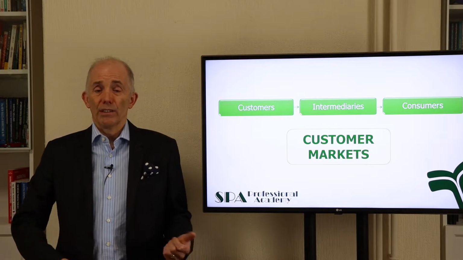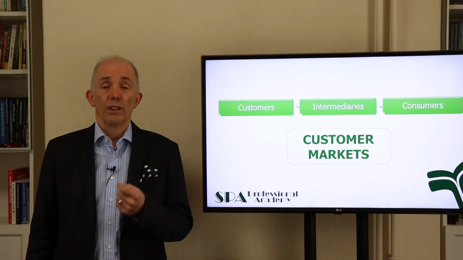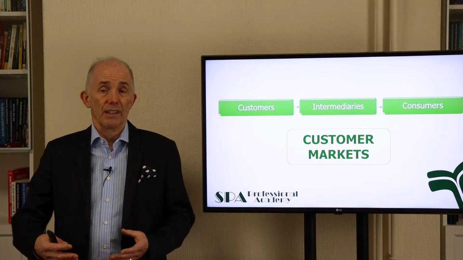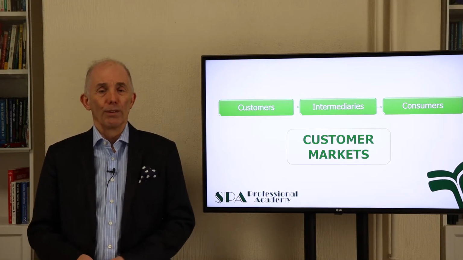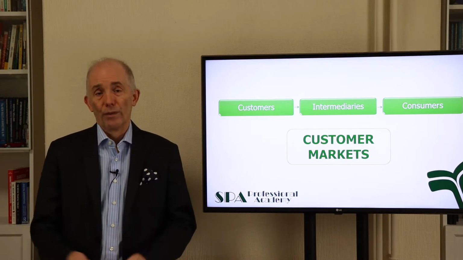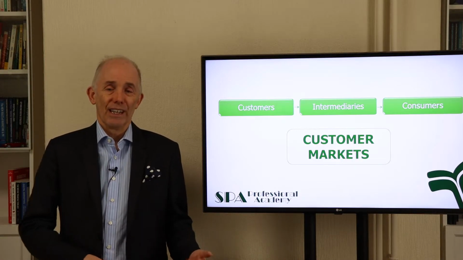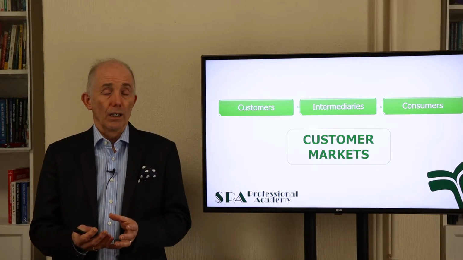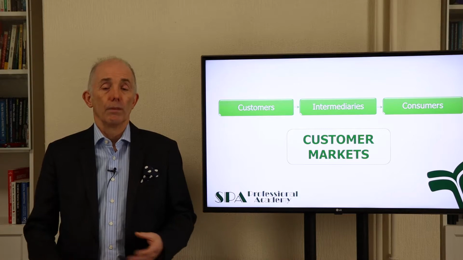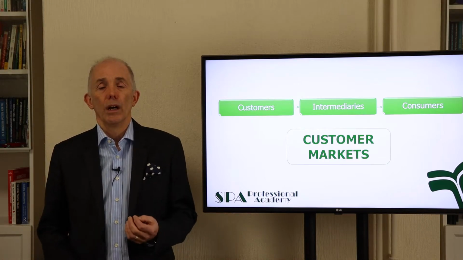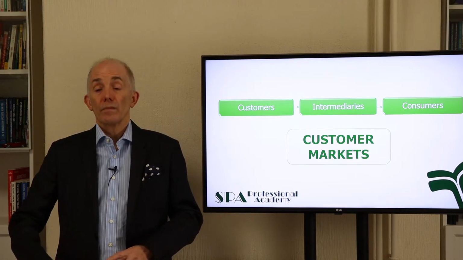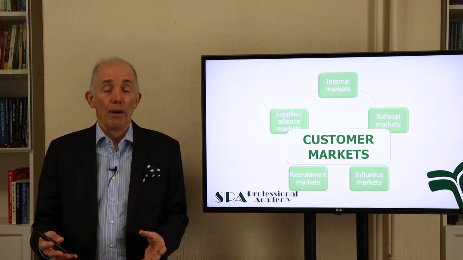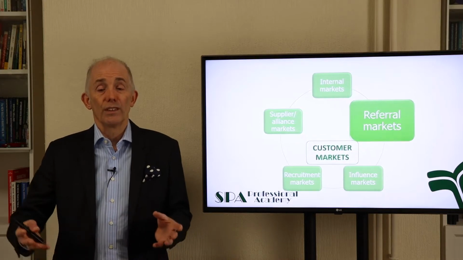But these three areas within the customer markets, customers, intermediaries and consumers, obviously from a marketing perspective, you've probably already looked at those in other elements of studies, learning, auditing and so on. But the core, if you like, of the 6 markets model is this customer markets. But they don't operate in isolation, of course. That customer market, it's part of the 6 markets.